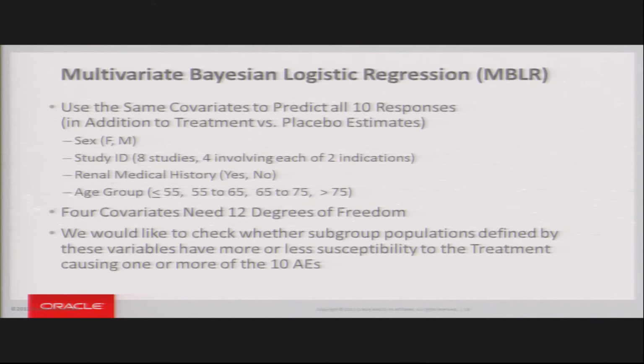If you looked at all 4 of those covariates, you would have a somewhat complicated model, and you'd like to check whether subgroups based on age or sex or the study or the medical history would make a difference to the effect of the drug on treatment versus control.